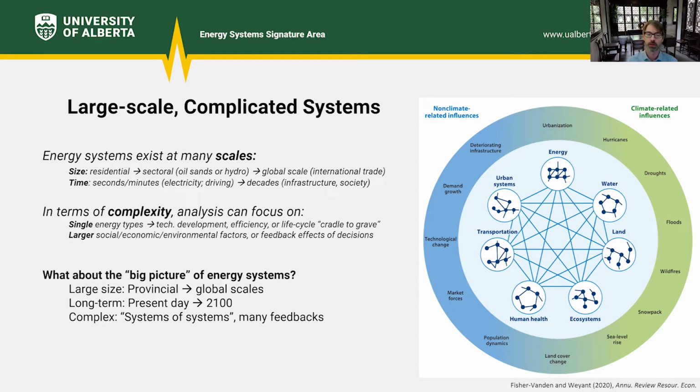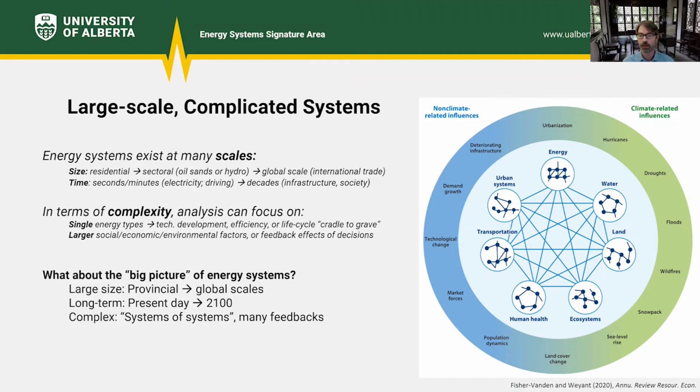And so the question that I'll try to answer here is, what about the big picture of energy systems? Here we'll look at large-scale systems that are provincial all the way up to global in scale, and long-term, looking at the present day through to about 2100. And of course, we'll look at complex systems that comprise systems of systems that have lots and lots of feedbacks.